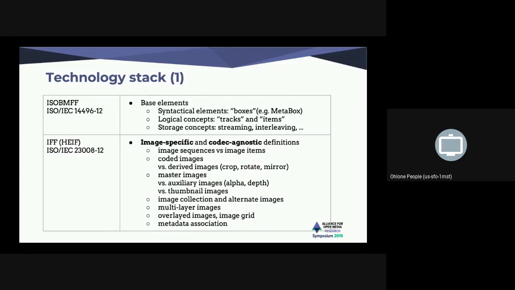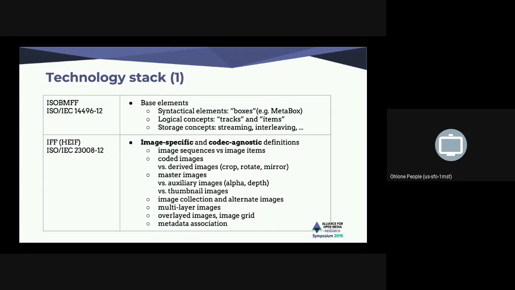The basic part is called the boxes. And in the case of AVIF, the box that is interesting for us is the meta box. That specification defines also all base concepts like how you do streaming, how you do data interleaving, how you store a sequence of images in a video track, and what is important for AVIF is the notion of item, how you store one item, how you store one image.